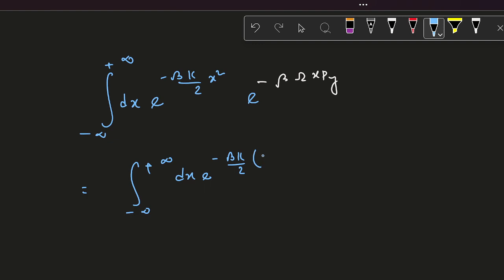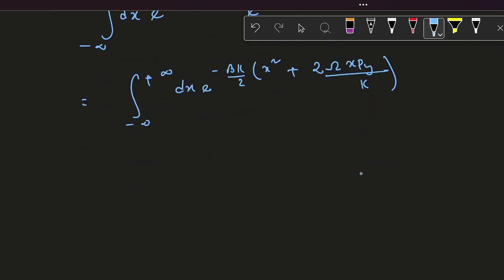If you take it common, this is x squared, then plus sign because both are minus, beta is taken as common, 2 is taken half as common, so it is 2 times all the rest of the terms, omega x py, and because k was taken, this is 1 by k, right?